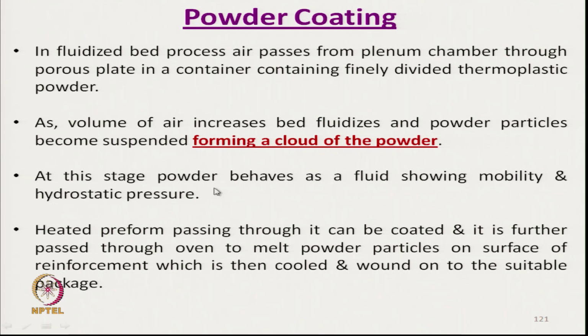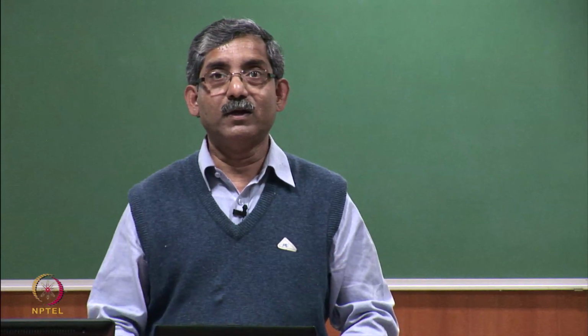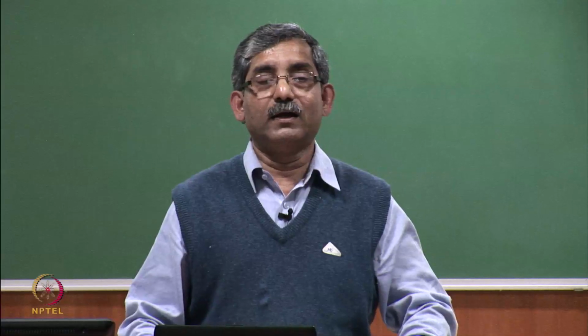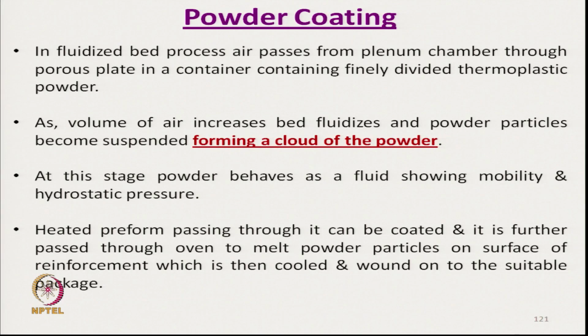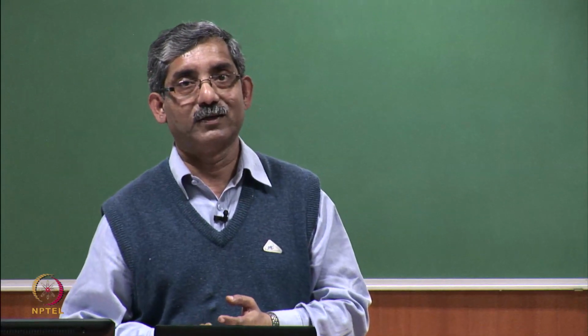At this stage the powder behaves like a fluid, just like it was boiling, and the particles will have mobility. The heated preform after coating passes through the oven and this powder melts and covers the surface of the reinforcing fiber, and after that it is cooled down and the prepreg is so flexible we can wind it in a package.